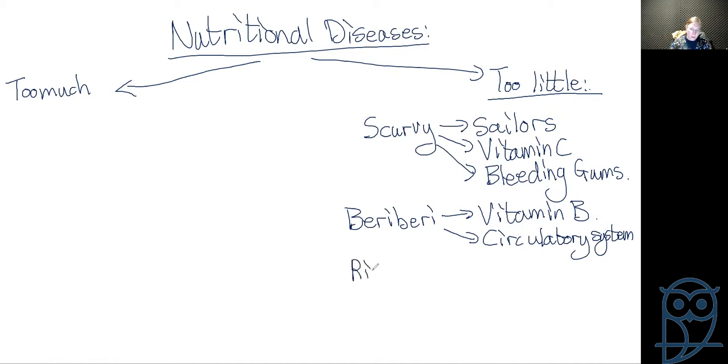Then we get something called rickets. There are so many kinds of nutritional diseases of the too little category. For every single vitamin that there is, there is an associated disease for when you don't get any of it. So rickets gives you very, very brittle bones.